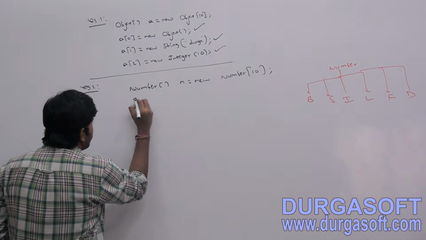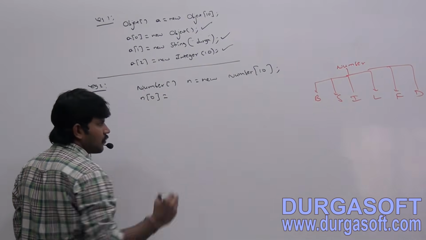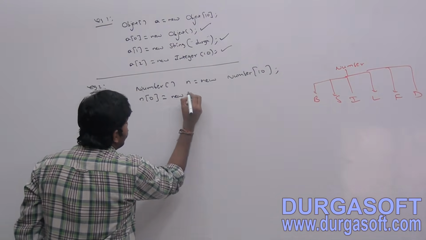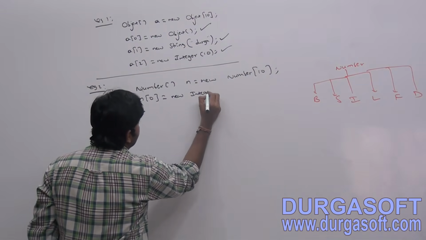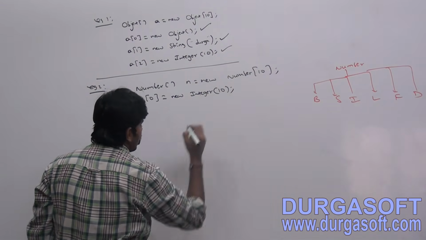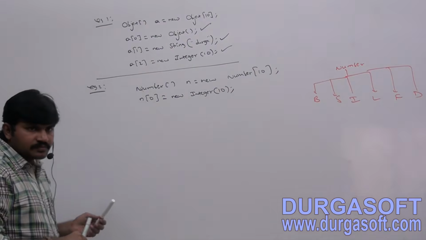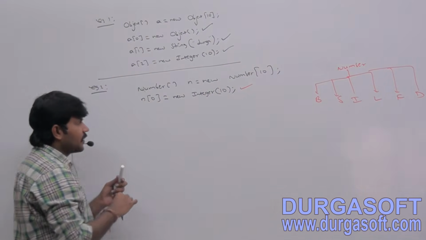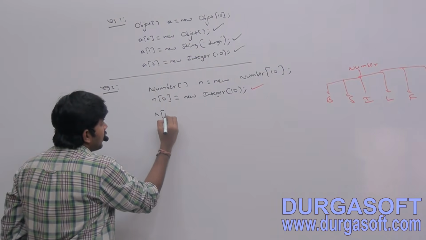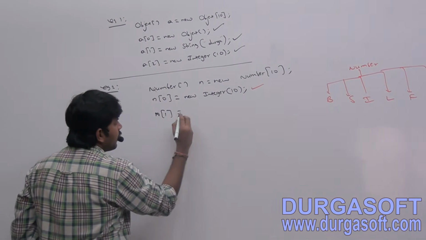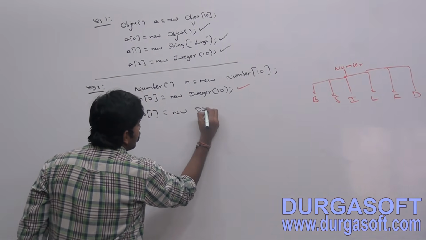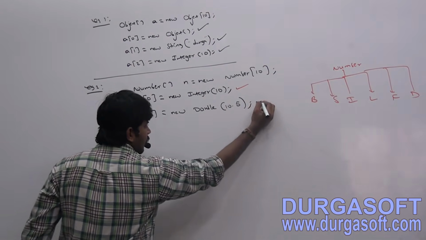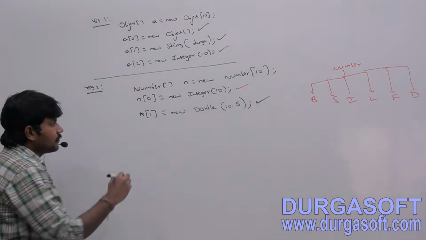Okay, n[0] = new Integer(10). Is it valid or invalid? It is valid because it is a child of Number, no problem. n[1] = new Double(10.5). Valid because it is a Double object.